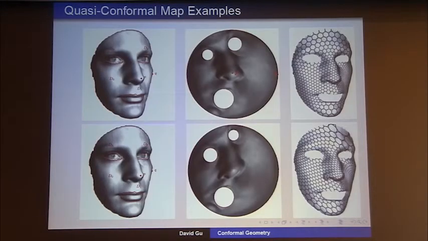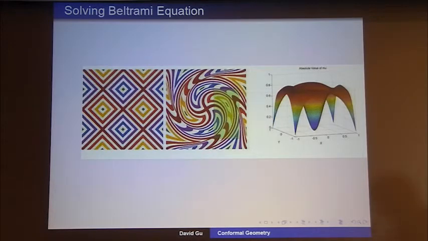Here we show some examples. A multiply connected planar domain. This is conformal. We set mu equal to 0 everywhere. Then this is a quasi-conformal map, the one we showed just now. Here we decide the mu norm. We map this one to this one. You see here, the greater the norm is, the more distortion it introduces locally.